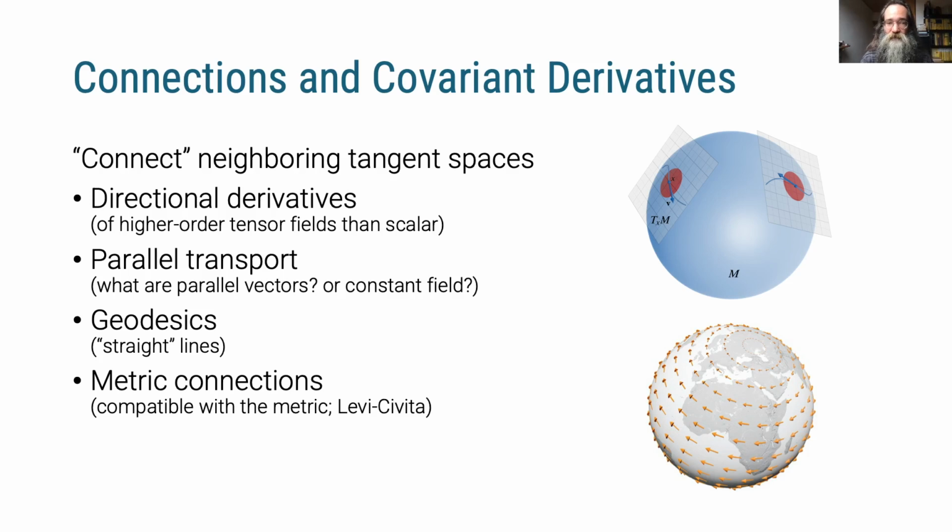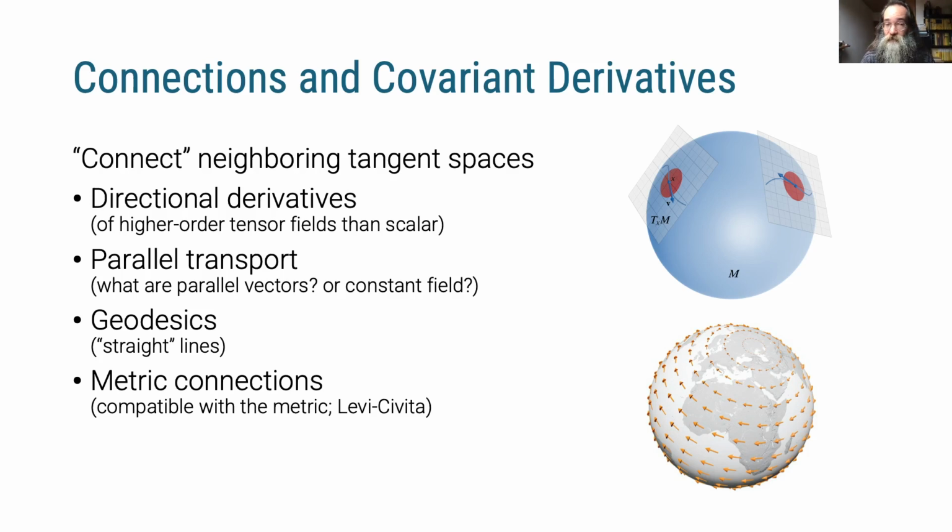A related problem is that of parallel transport. Again, in the plane, it seems to be clear what it means to move a vector somewhere else, and it's a parallel vector. Or similarly, what does it mean for a vector field to be constant? It seems to be clear in the plane, but if you think about it on the sphere, it's not that obvious anymore.